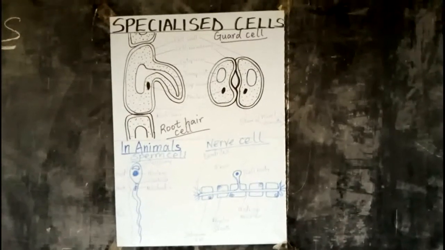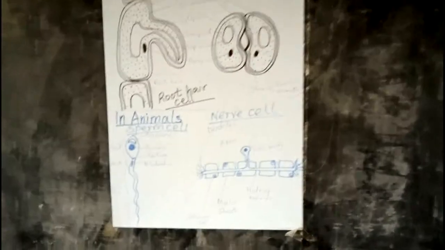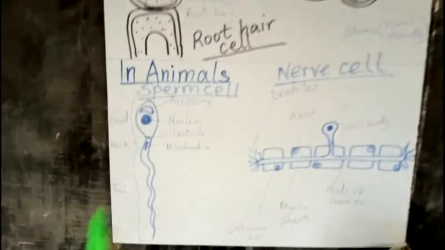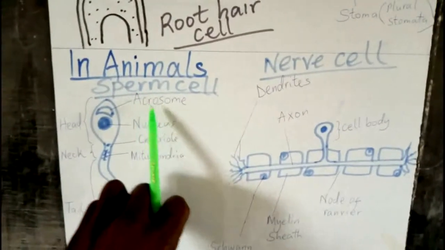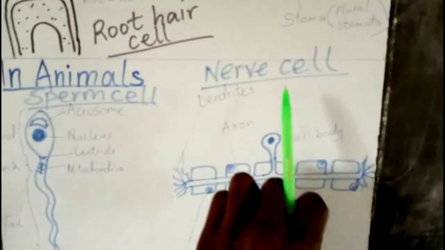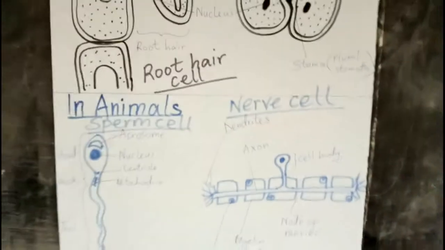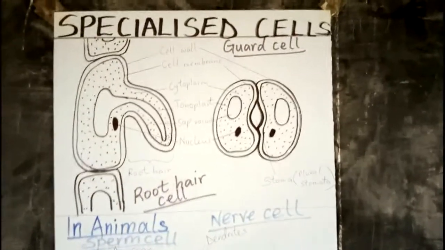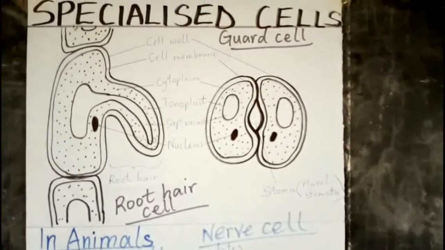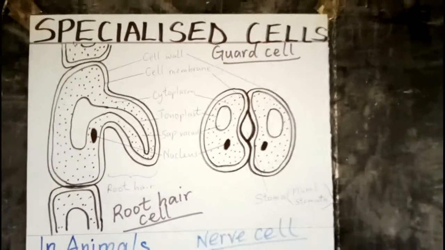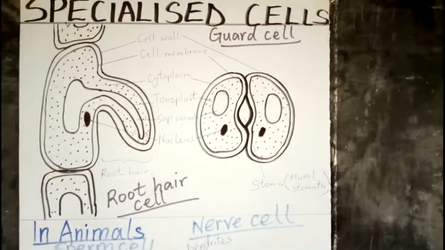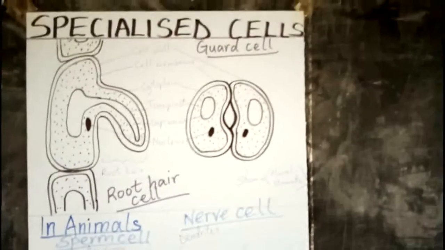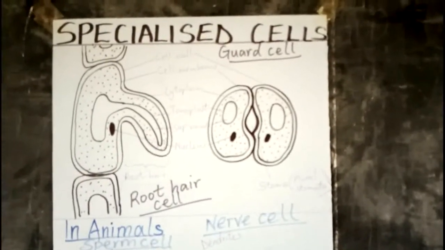And for the case of animals, we will look at the sperm cell, and we'll also look at the nerve cell. The structure of these two specialized cells, that is the root hair cell and the guard cell, will help you understand the role that they play.